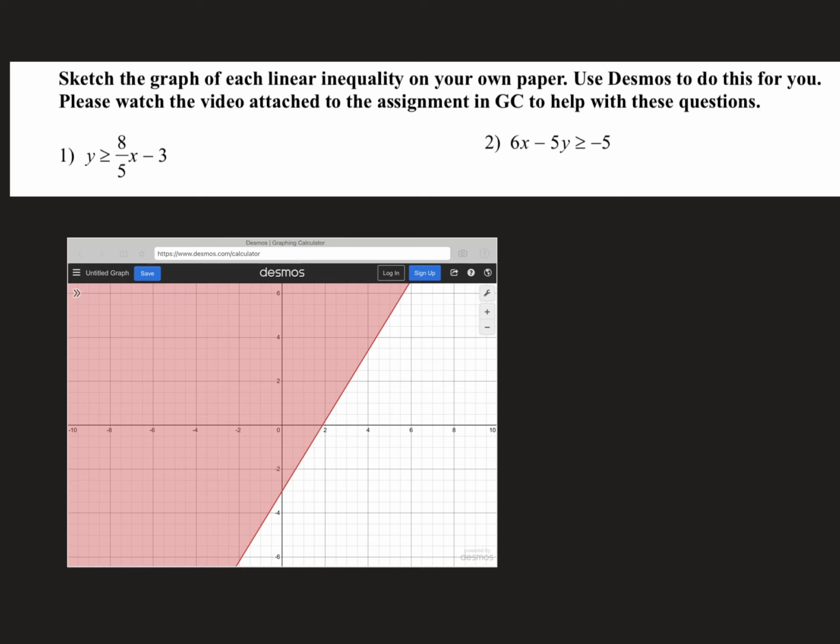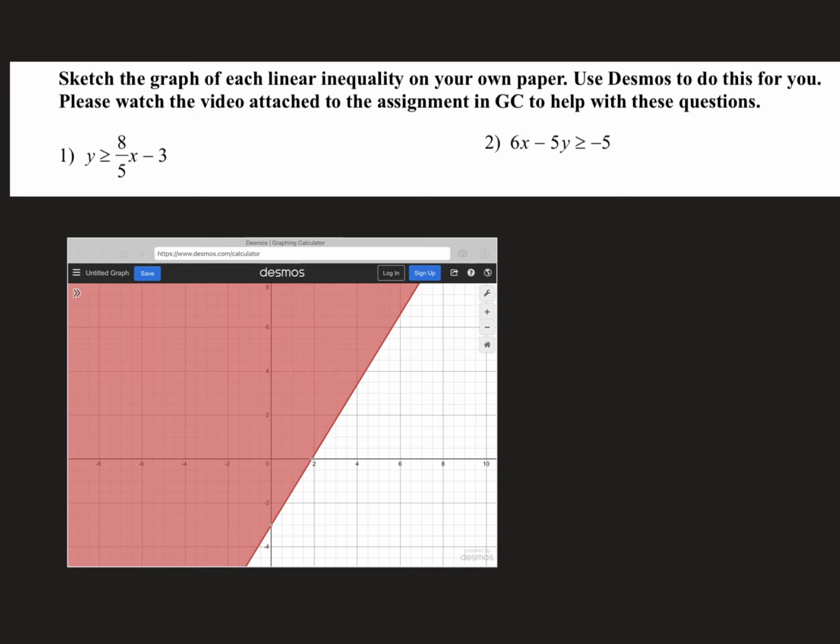Now, before I draw this on my paper, I am going to highlight a couple of points. I don't think I want to use that one. What's this one? I'm going to find a good one that's actually on the graph, but it may not happen. It's probably up here. Hold on.